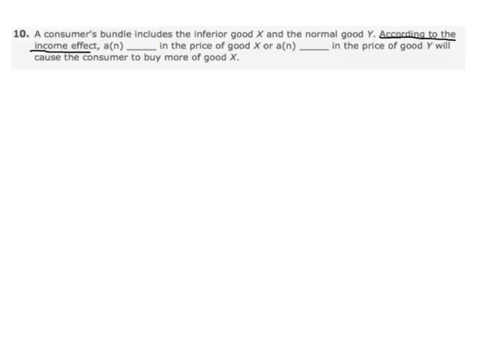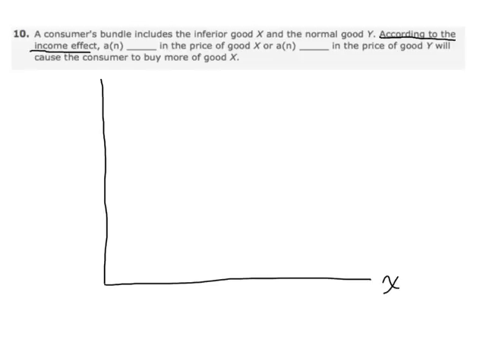So let's just think this through. Let's think through the income effect for X an inferior good, right? I think you probably get it now once I clarify that first clause.